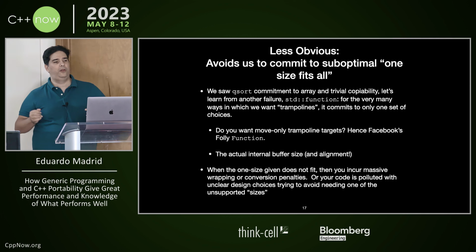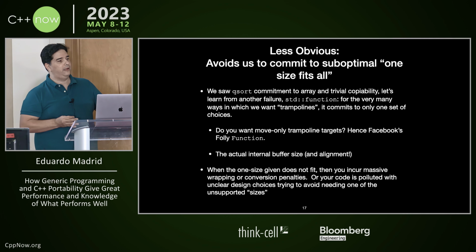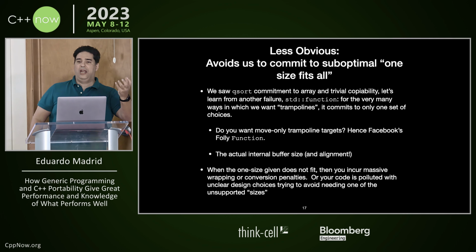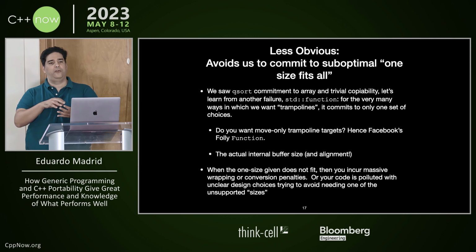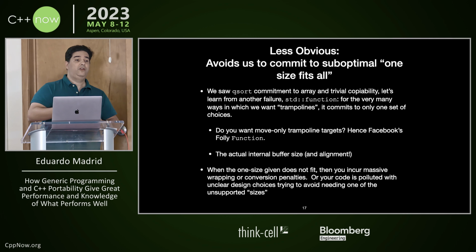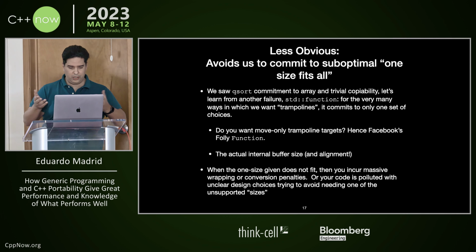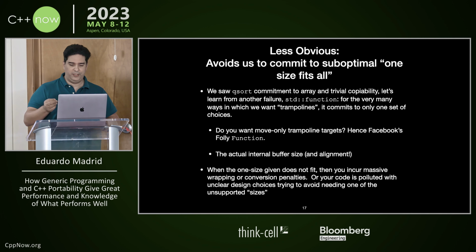Including, for example, when you have types that have beautiful move or copy operations, or they don't want to have, for example, a copy operation. We're going to hammer on that example momentarily.